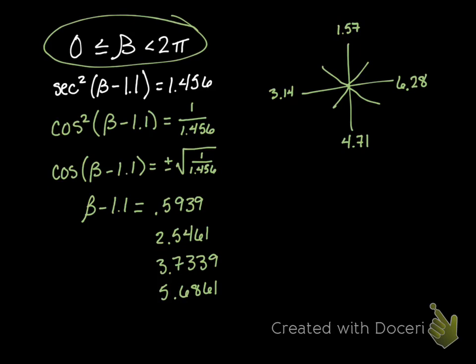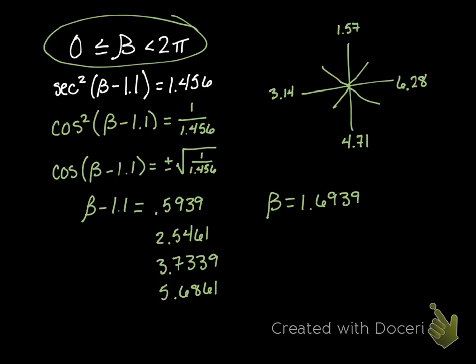We also now need to add 1.1 to each of these to get beta. So beta should equal 1.1 plus 0.5939. Of course, you're probably doing these calculations a little faster than me since you're listening to me talk while I do them. That's fine.